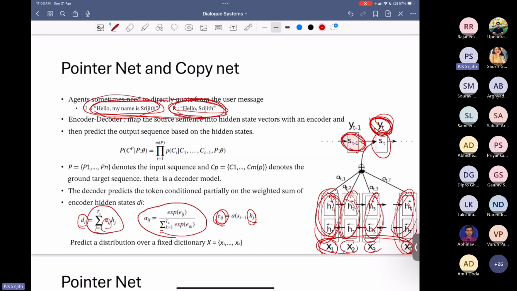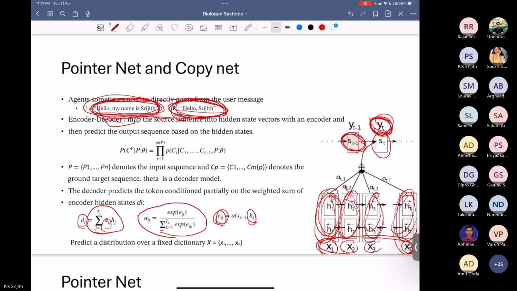You only need a probability distribution over the input words, and just choose the right input word to output from this set of input words.